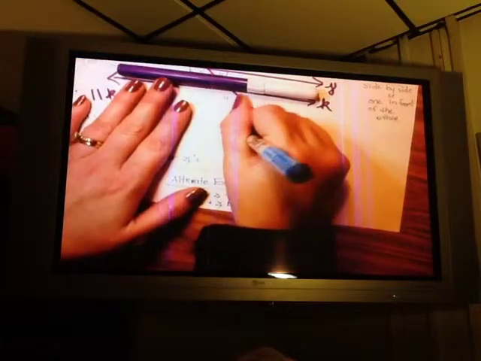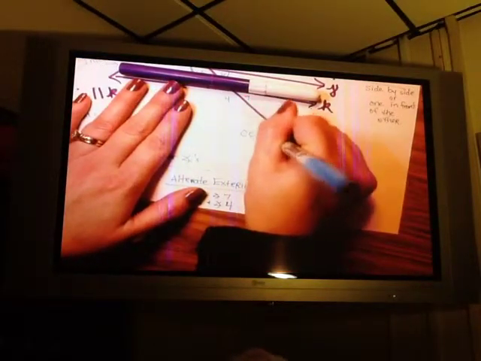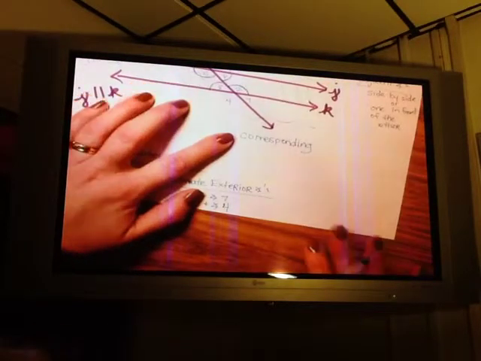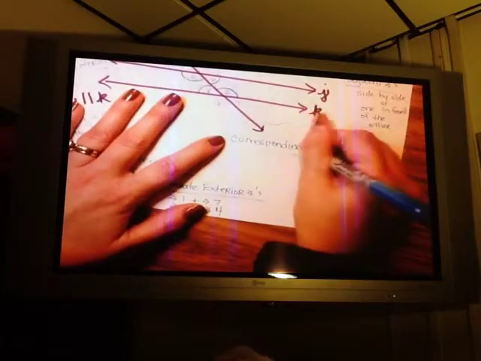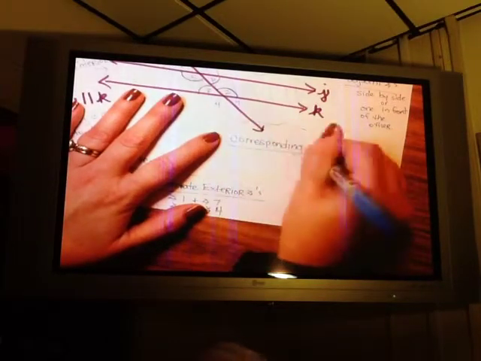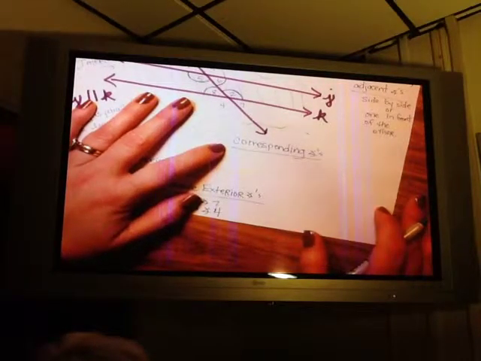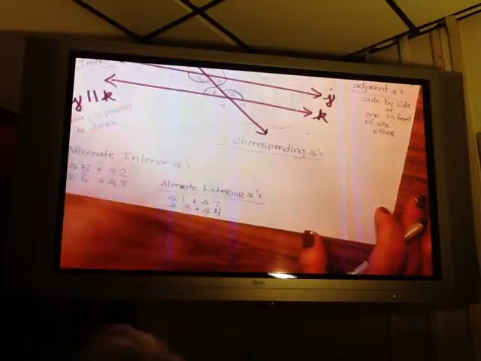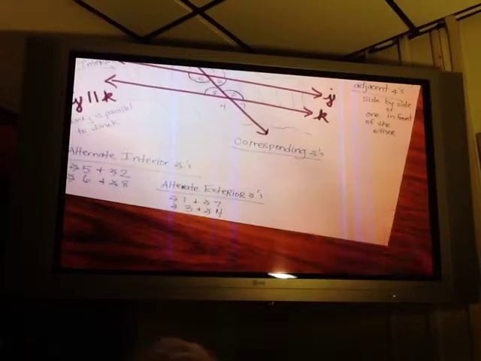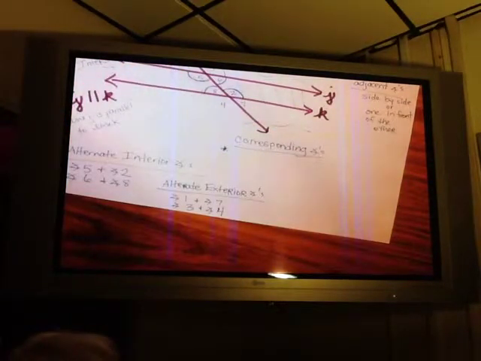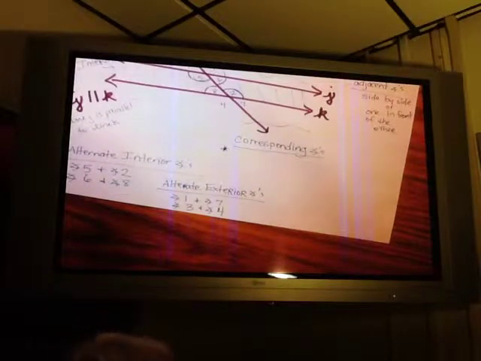Corresponding angles. Write this down. This is probably a new term for you. Maybe you learned it last year, but maybe you didn't master it. Let's put a little note here: this is my definition. I have no idea how the book actually stated it; this is how I understand it.